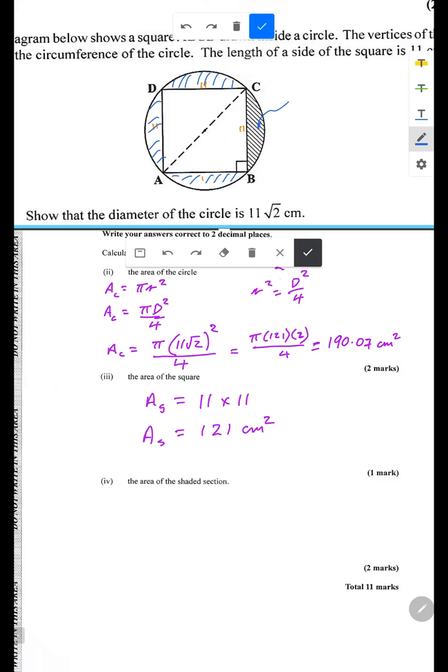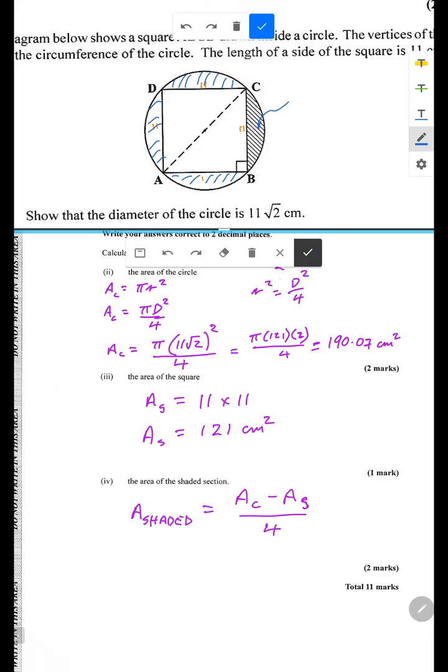All of that shaded region will be the area of the circle minus the area of the square. So the area shaded equals the area of the circle minus the area of the square, divided by 4. Do you understand that?